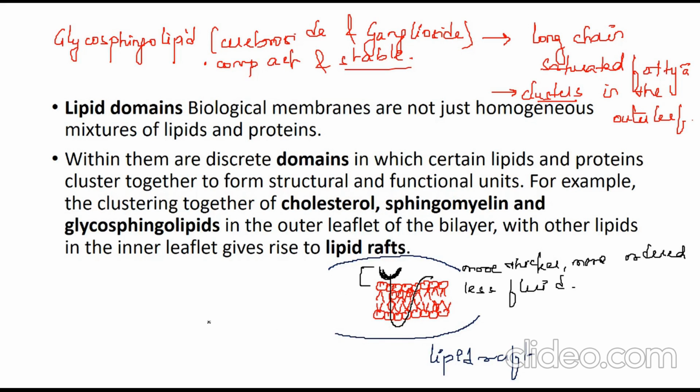So in simple language, if I say what is lipid raft, lipid rafts are the receptors and some associated proteins. What proteins will be associated? For example, in signaling, the receptor binds with the ligand and intracellularly it will activate several other proteins.